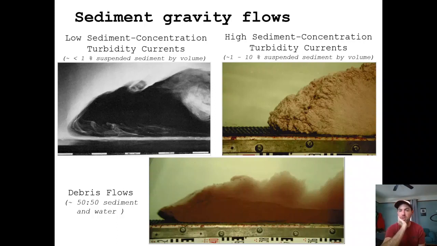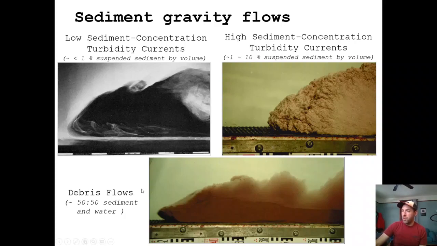You're talking about much, much larger sediment concentrations in these sediment gravity flows. And because of those high concentrations of suspended sediment, the flow itself becomes denser than the surrounding water column, okay? And that's what allows them to flow down slope and maintain momentum as they travel.